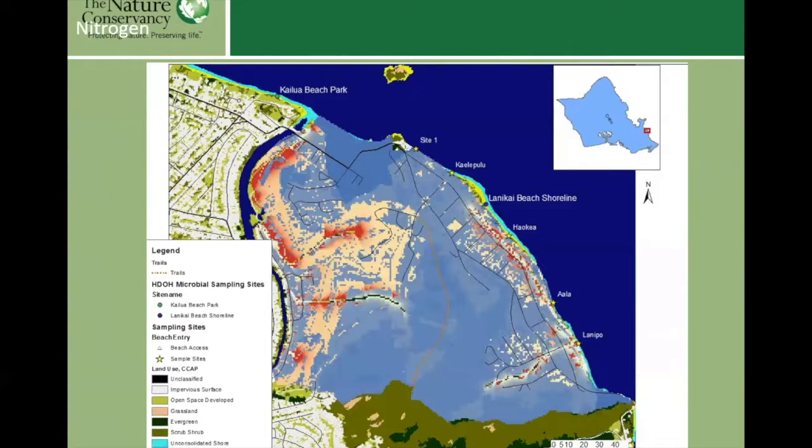Most of the nutrient was estimated to be concentrated on landscaping at people's houses and on the golf course, but on the golf course generally all the nutrients wanted to go downslope the other way into the channel, not into Lanikai.